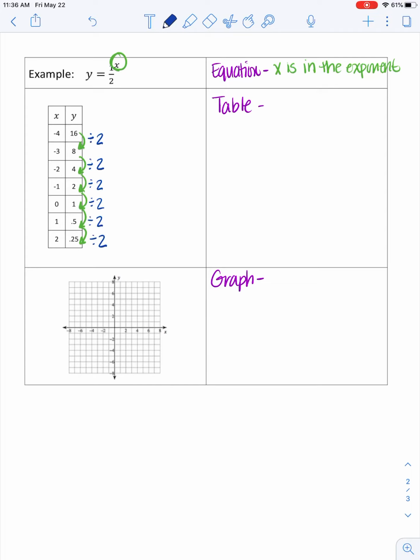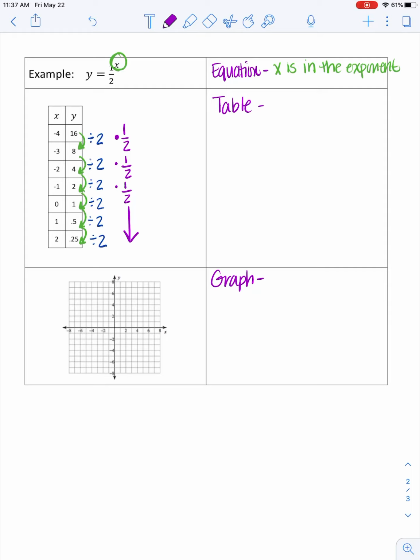And that might be contradictory to what we said above. In your mind, you might be thinking, well, we're not multiplying by the same number, we're dividing by the same number. Well, dividing by 2 is the same as multiplying by 1/2 over and over again. So that's the same thing. Divide by 2 is the same as multiplying by 1/2.